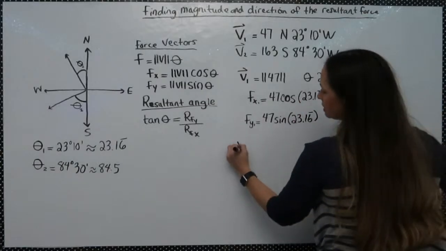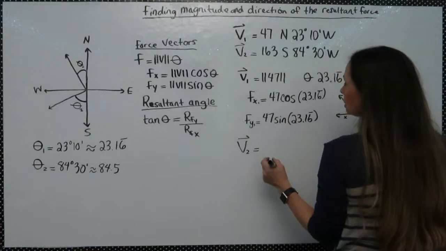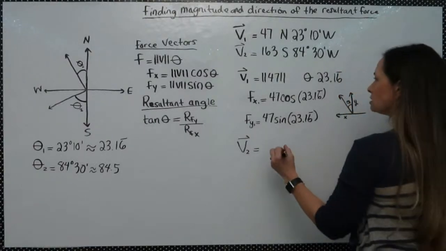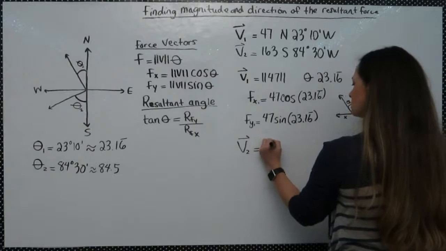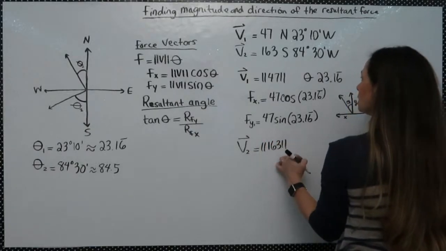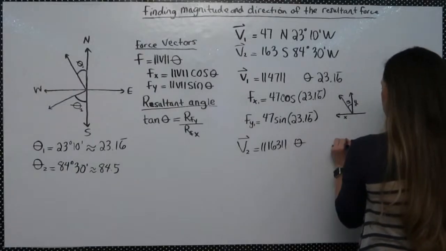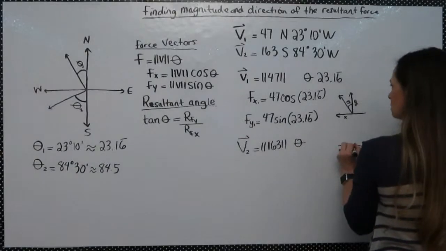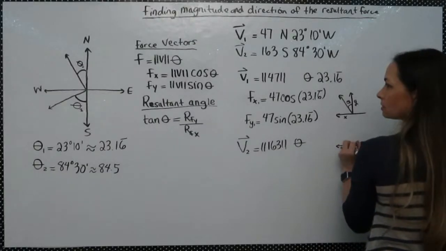And we've got vector 2 here. The magnitude is 163 and the theta is going to be the south here.